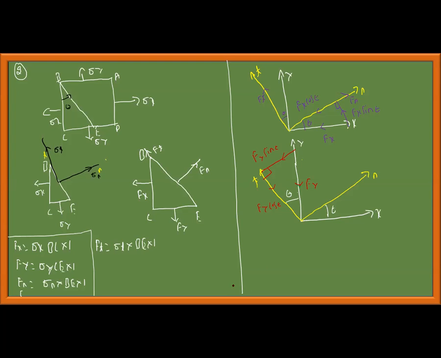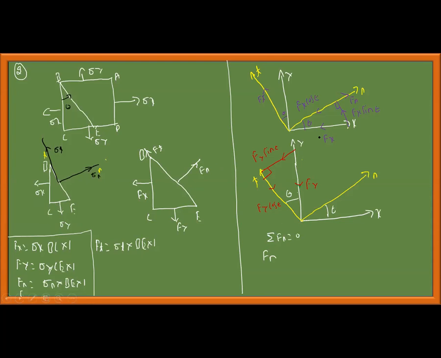Right? Your first 50% of the job is over when you write this. So when I take sigma x, sigma y, there is sigma n and sigma t. This is f of n, f of t. Can I write? Summation of force in normal direction should be equal to 0. F of n is the force acting like this.